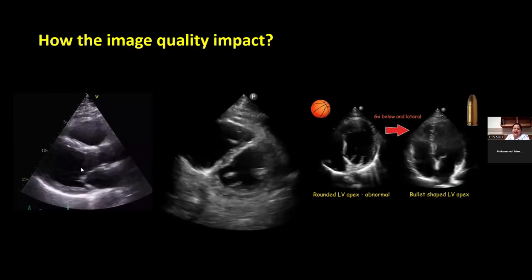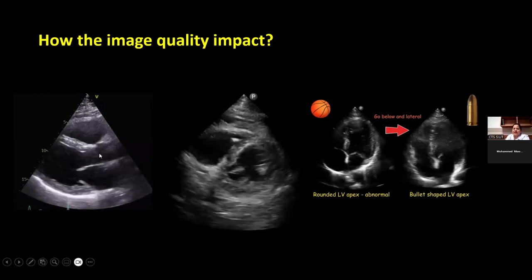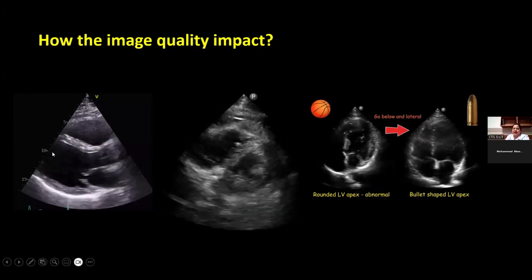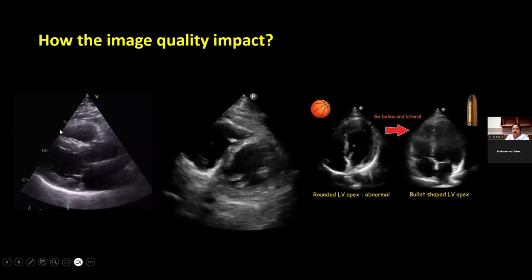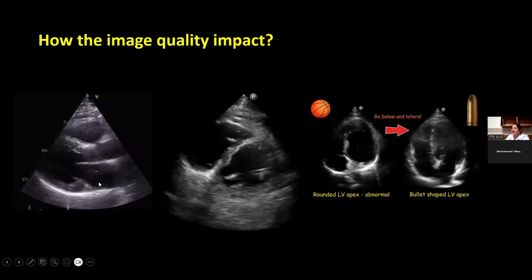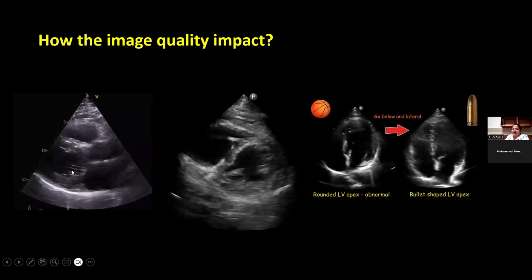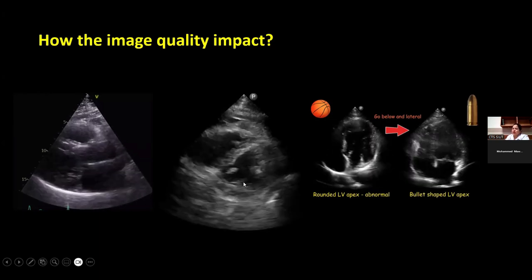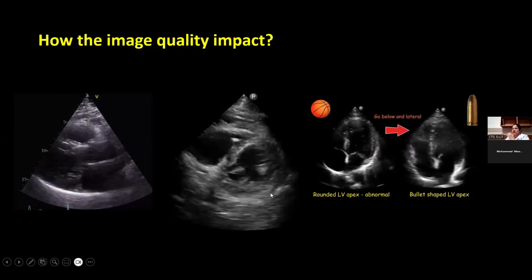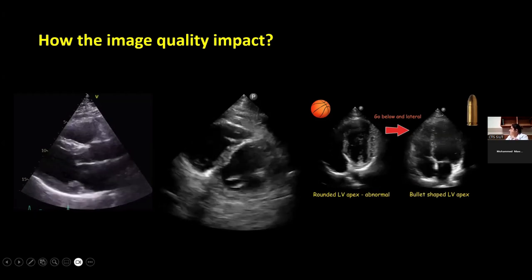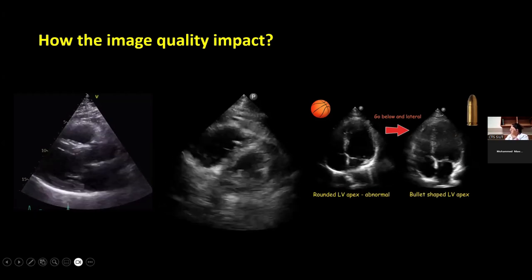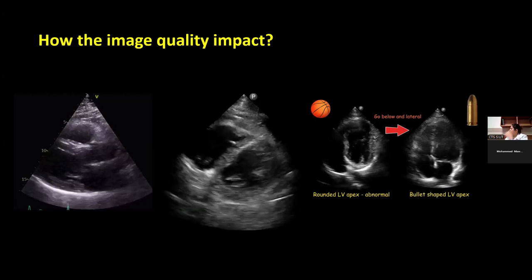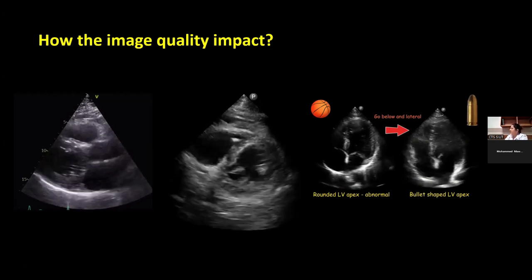If you just look at this long axis view, what is the problem? Here you can see that you cannot see the apex. And if you look at this short axis view, do you think it is accurate, like what I have already shown? Anyone?